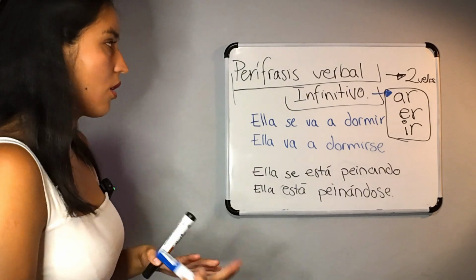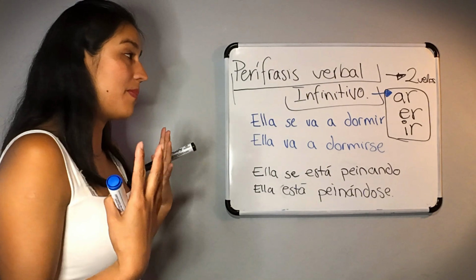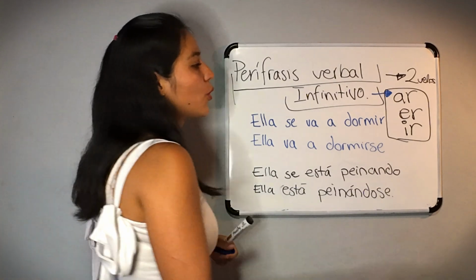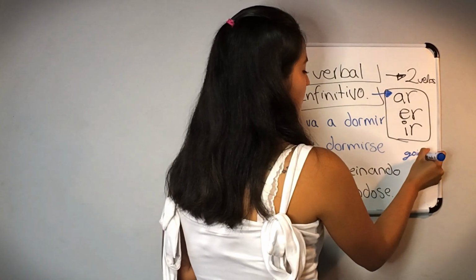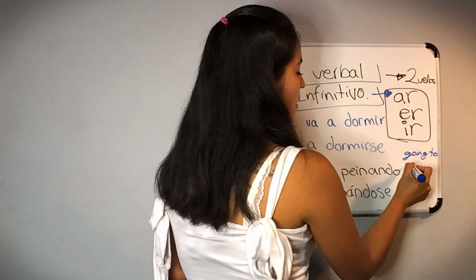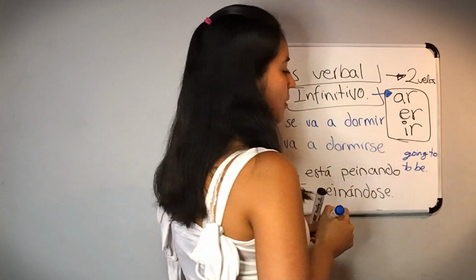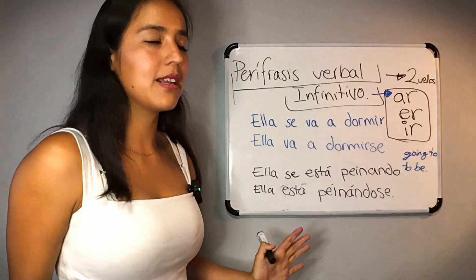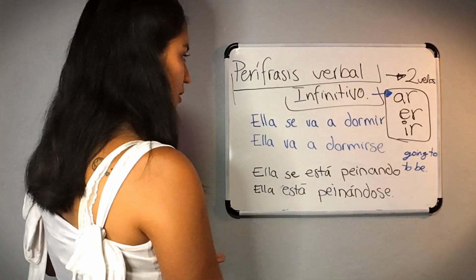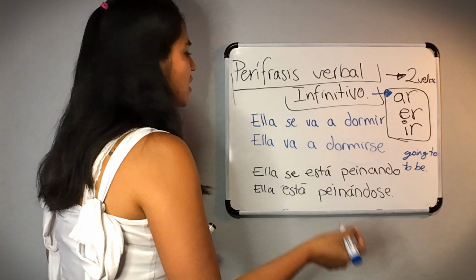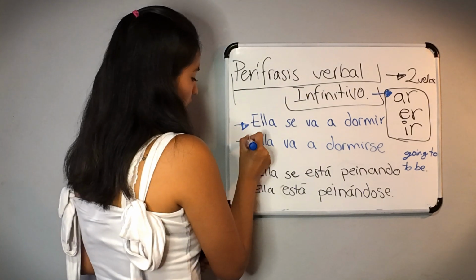Normally, one of the perífrasis verbales we know a lot is the famous "going to," and "used to be." The present continuous, past continuous, and all the continuous forms are a perífrasis verbal, because we're using two verbs. So let's check where those two verbs are in here.